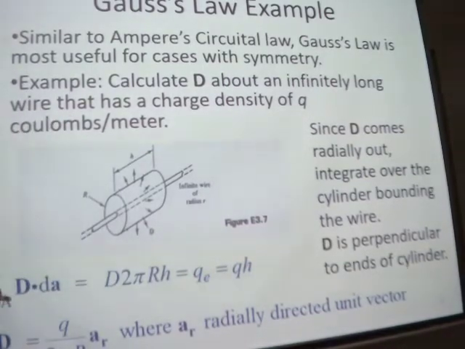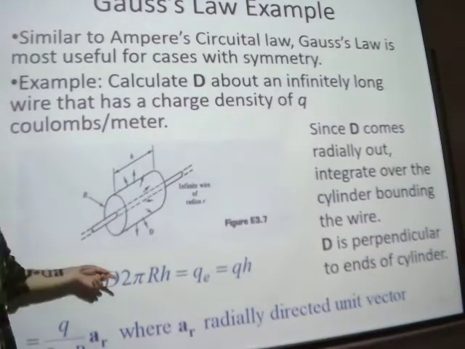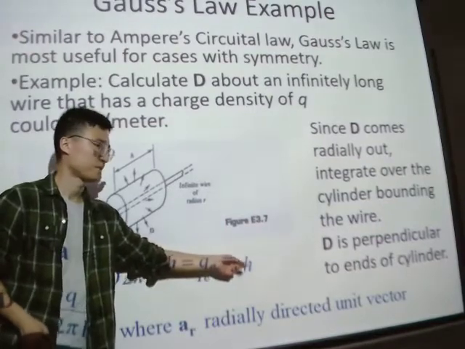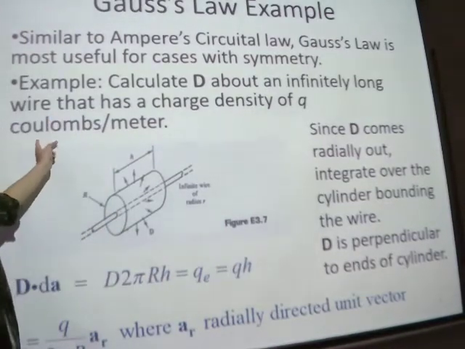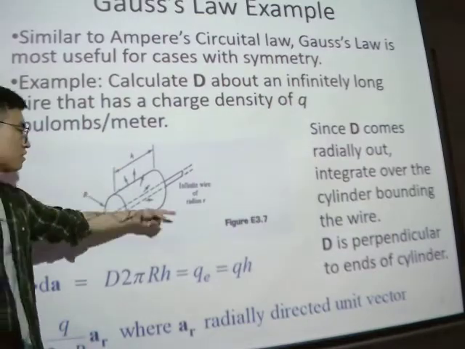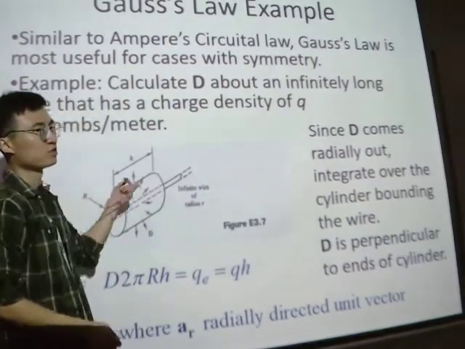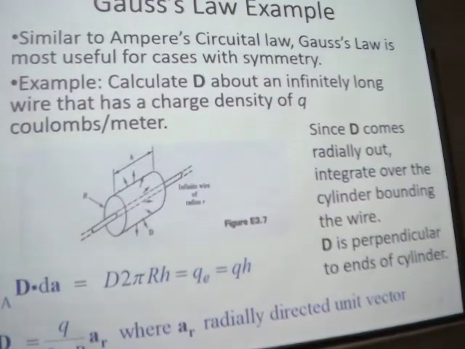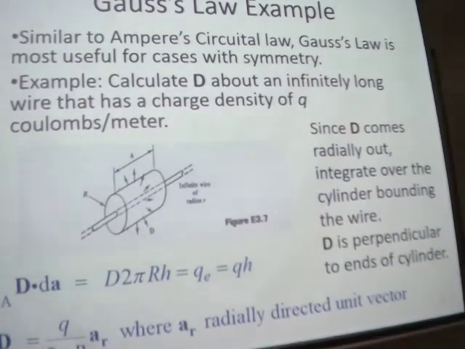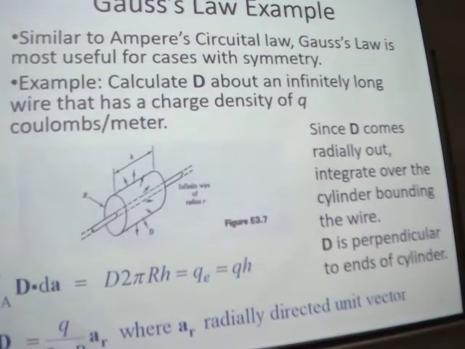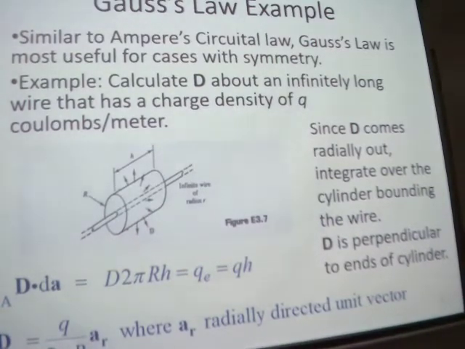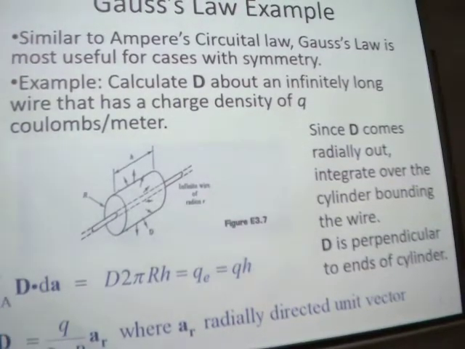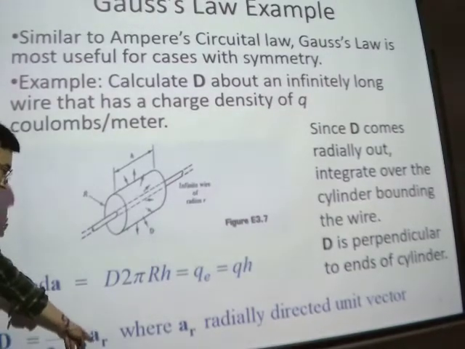The integration of this flux density is equal to the electric charge. The electric charge is equal to rho times h, because rho is the density in coulombs per meter, and h is the height we assume for the cylinder. So that we can get these equations.